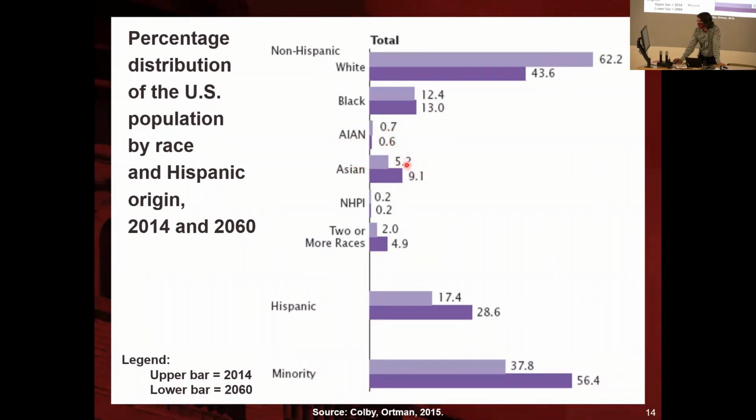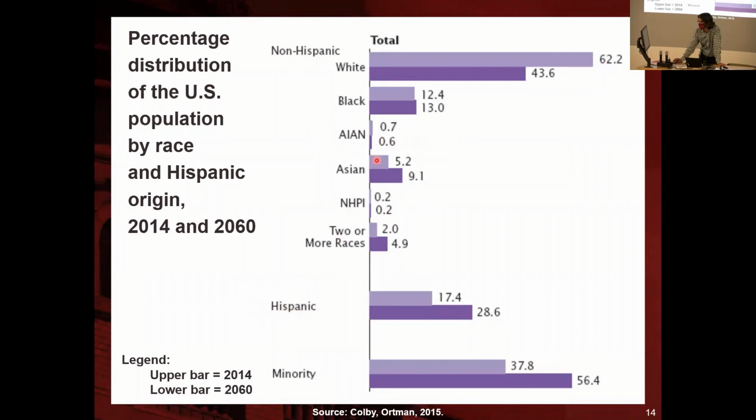American Indian and Alaska natives are around 0.7, 0.6%, which doesn't change as much. Asians also increased over time. Non-Hispanic Pacific Islanders are around 0.2, two or more races 2 and 4.9%, and Hispanics also increasing. So what you see a lot here is a decline in the non-Hispanic white population, an increase in the non-Hispanic Asian population, and an increase in the Hispanic population.